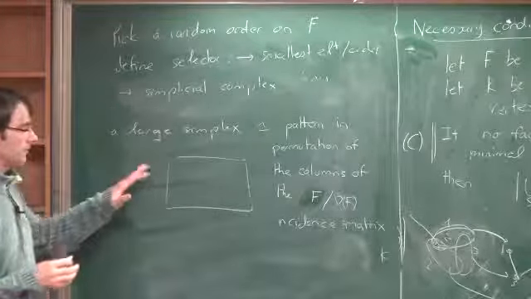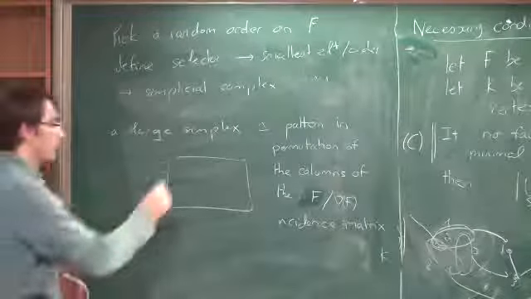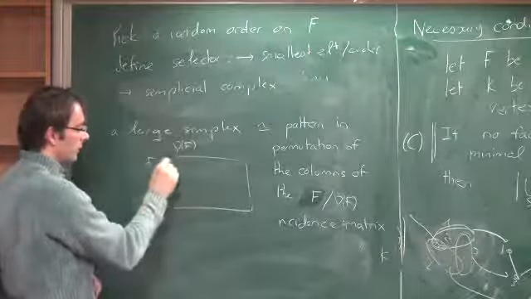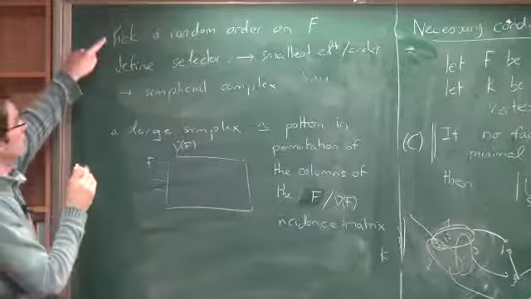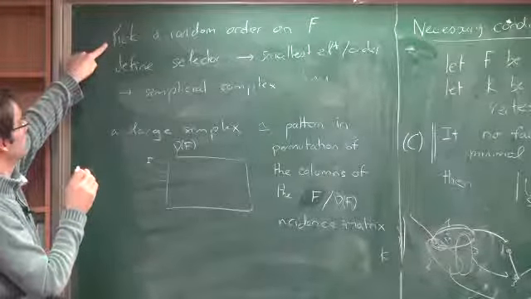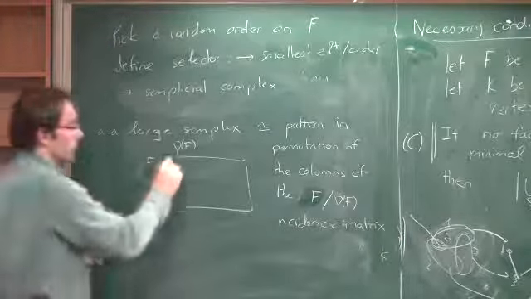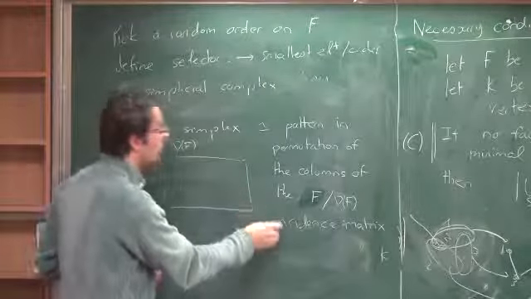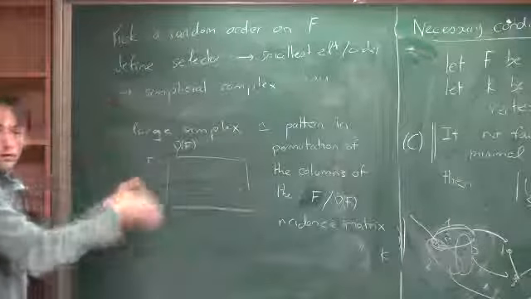Okay, so we have this matrix where the lines correspond to the elements of F and the columns to the elements of the Venn diagram of F, and where I have a 1 if the element is inside the face. By looking at the permutation of the columns, we can show that a large simplex in that simplicial complex will induce a certain structure there.